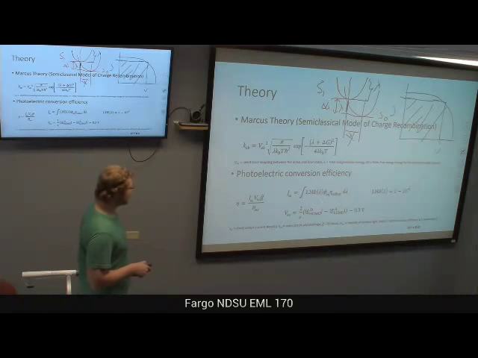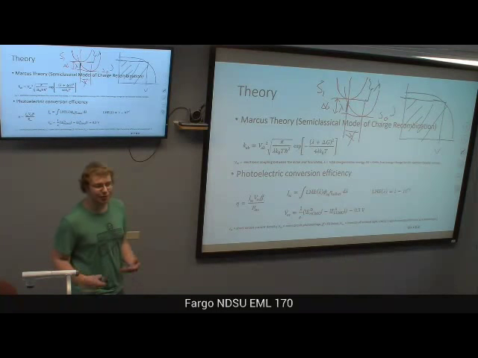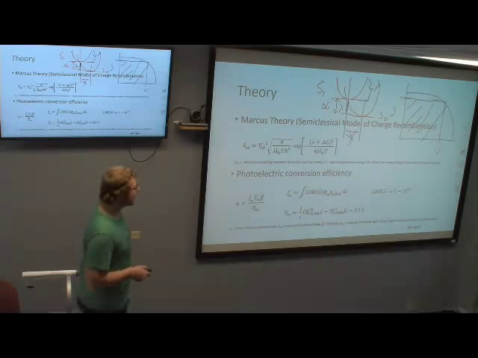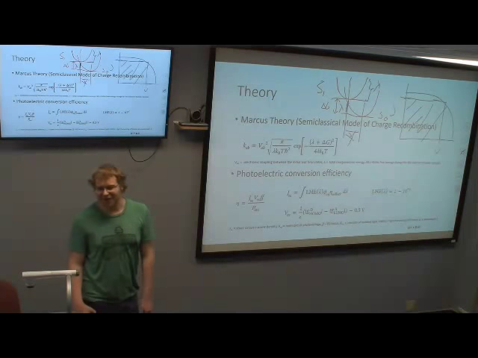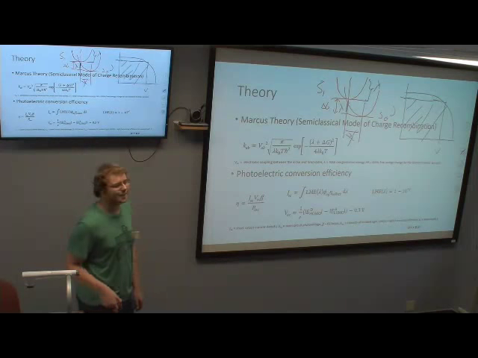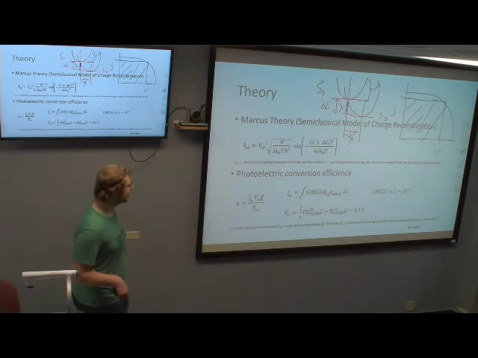The estimating formulas for J and V: the J that we're looking at is LHE, the light harvesting efficiency at a particular wavelength lambda, which they estimate as 1 minus 10 to the power of minus f, where f is the oscillator strength at that particular wavelength.